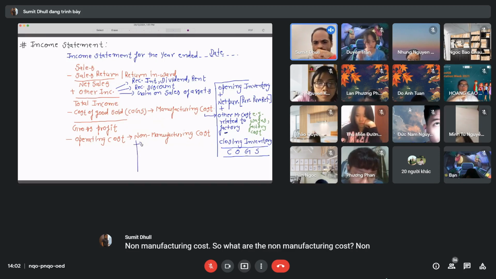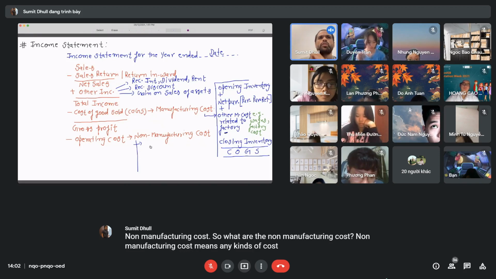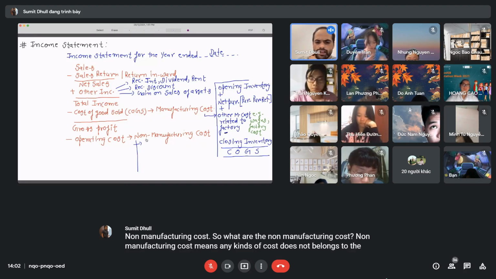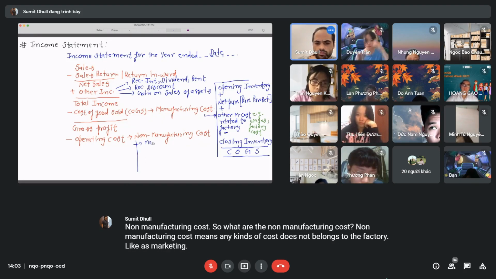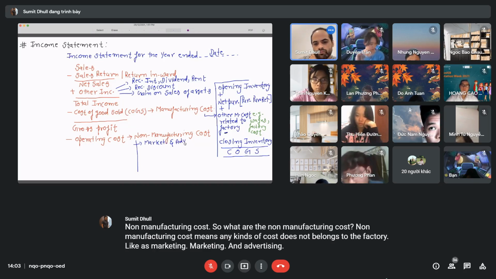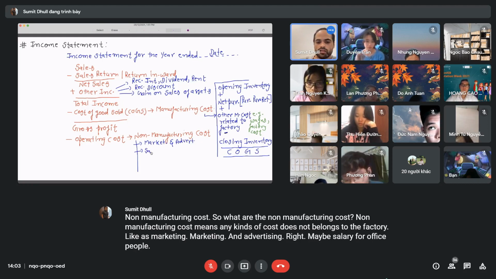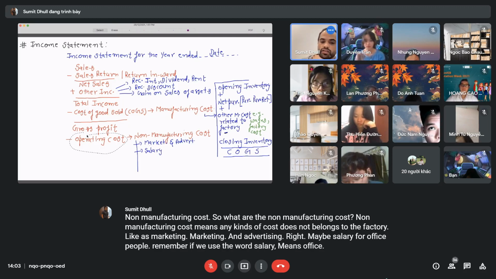Non-manufacturing cost means any kinds of cost that does not belong to the factory, like marketing and advertising. Maybe salary for office people. Remember, if we use the word salary it means office.